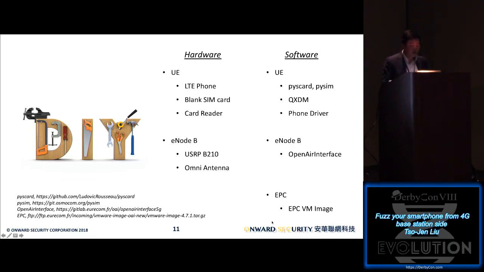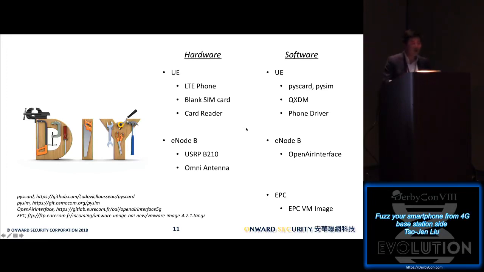Building an EPC server is the simplest part. You just download and deploy the virtual machine image and make a little configuration. The EPC server will be okay. Once your eNodeB and EPC are ready, you can take your LTE phone.